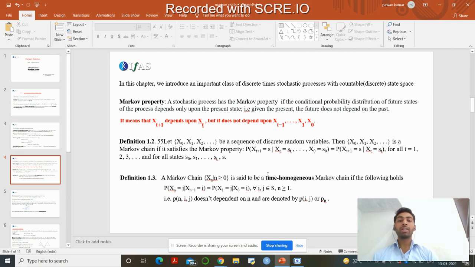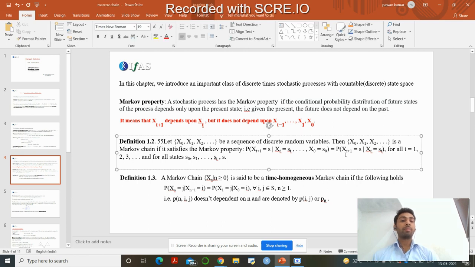So what is the Markov property? The probability that x t plus 1 equals s, given that x t equals s t, x t minus 1, and so on down to x 0 equals s naught, where s is the state space, is equal to something that depends only on the present value, not on past values.